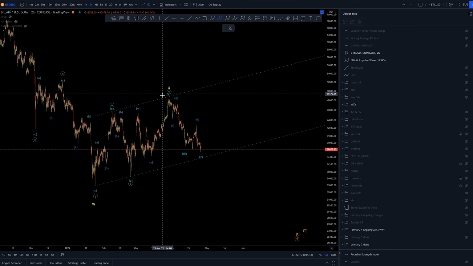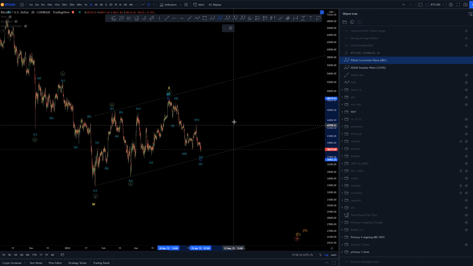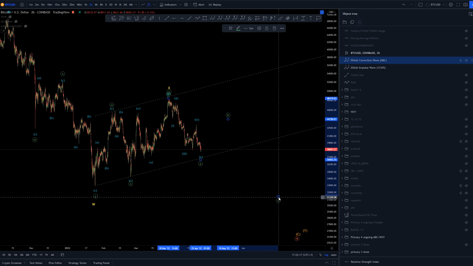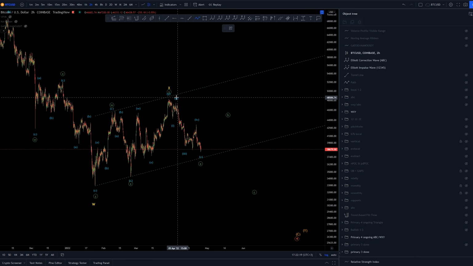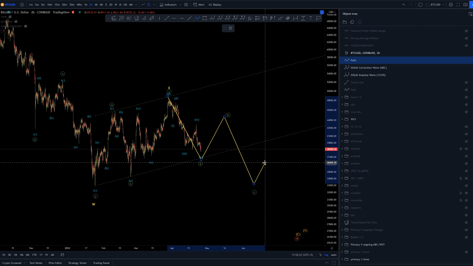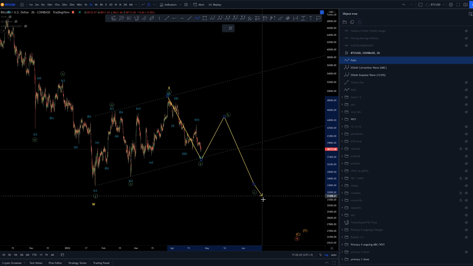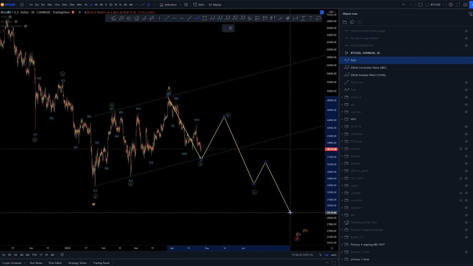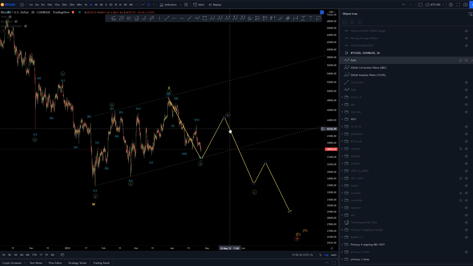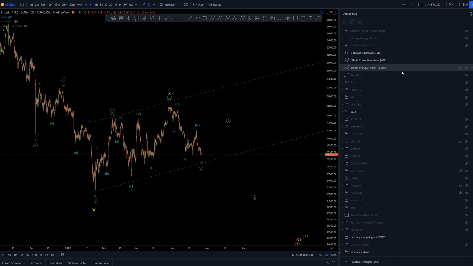Again, if this is the start of something, we would be looking for something like this on a minute scale. So again, for that 3-wave move or a 5-wave move, at that point the C probably should go lower with the fourth, so the fourth doesn't overlap with the first. But yeah, that's a possibility.